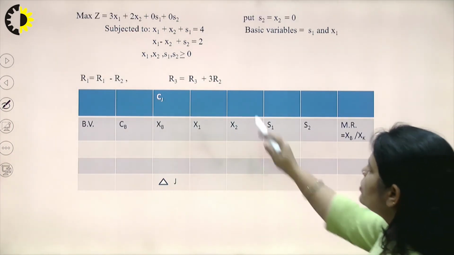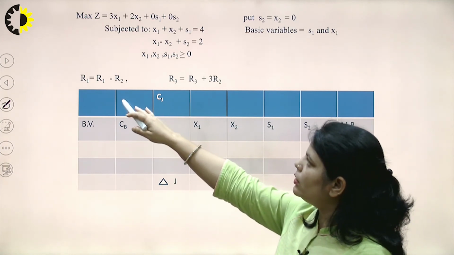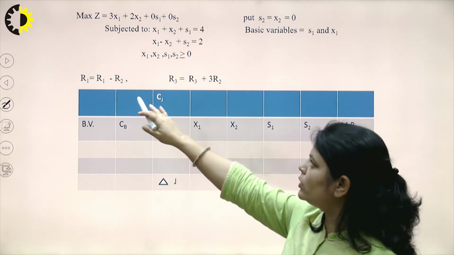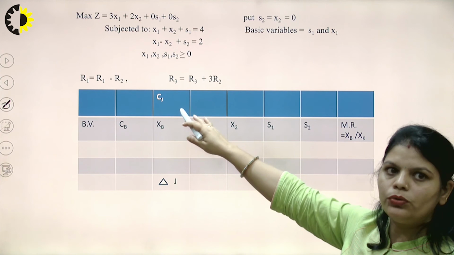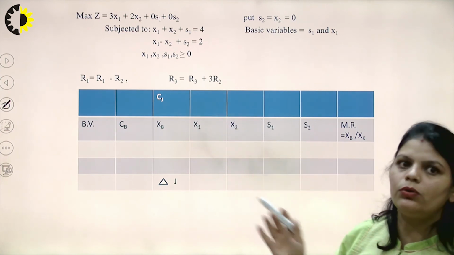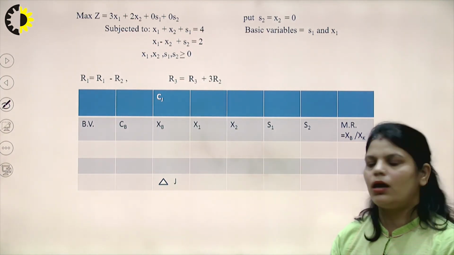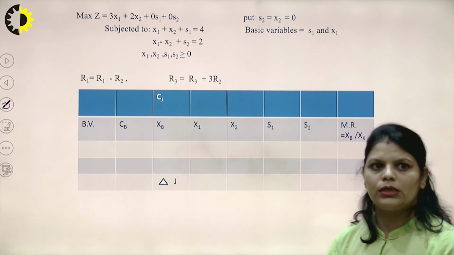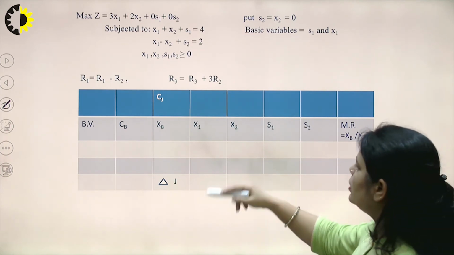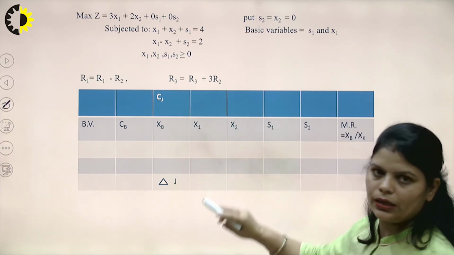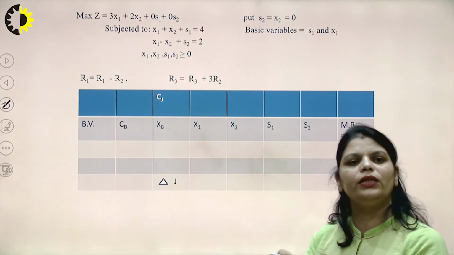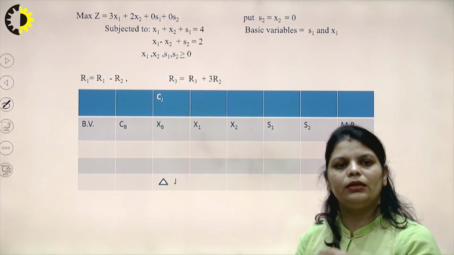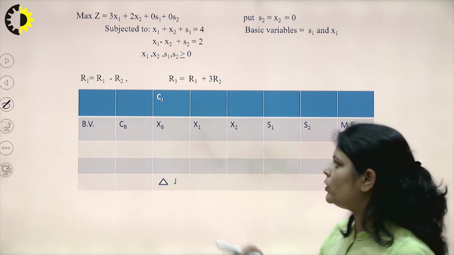So we have applied the row operations R1 is equal to R1 minus R2 and R3 is equal to R3 plus 3 R2. These are the row operations to make the values other than the key element equal to 0.